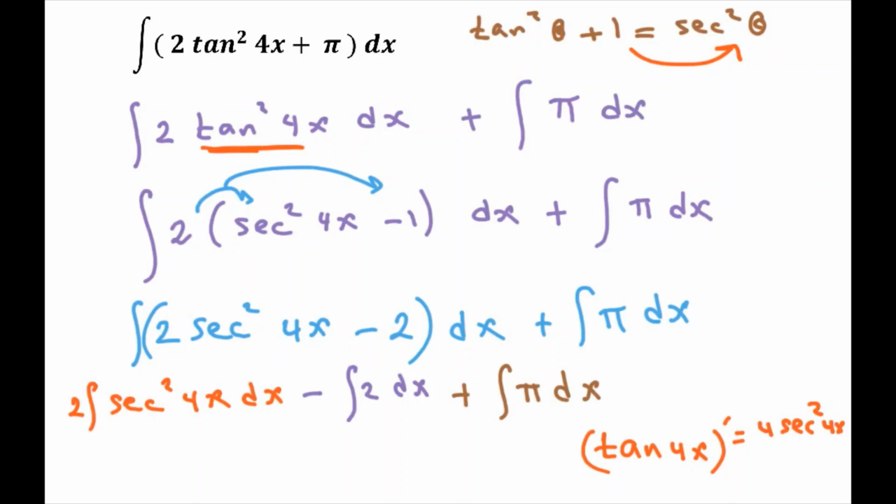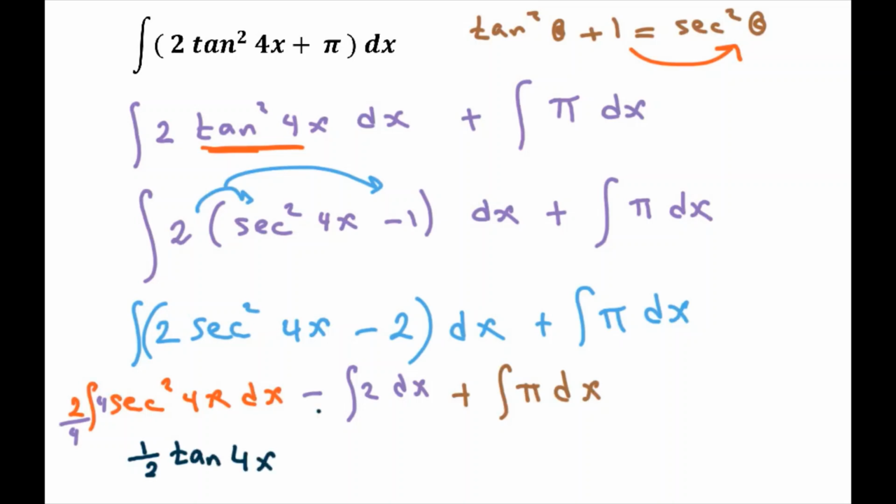So I need 4. So what I'm going to do, I'm going to add 4 here and divide by 4 here. So that's going to be 1/2 tangent 4x, and that's going to be minus 2x plus pi x plus c.